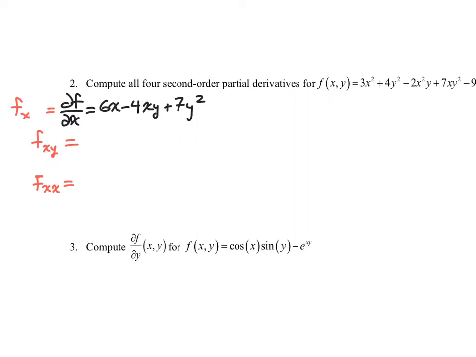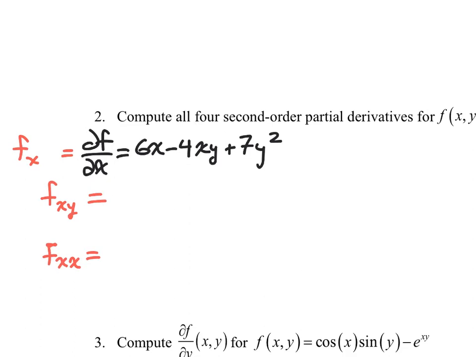So I'm working off of my first order partial with respect to x. Now I'm going to take its derivative with respect to y. All right, so my variable here is y. So I'm going to highlight the relevant variable. Everything else is treated as constant. So the derivative of 6x goes to 0, irrelevant. The derivative of this, that y has an understood exponent of 1.